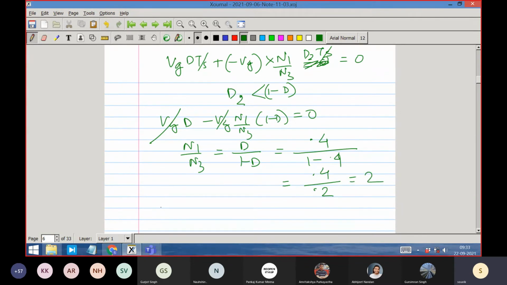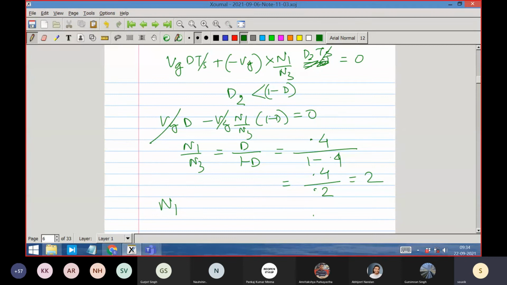Did I do it correctly? Vg dTs, oh sorry, Vg into N3 by N1, that is correct, into d2 Ts is equal to 0. So Vg into d minus Vg into this N3 by N1 into this.